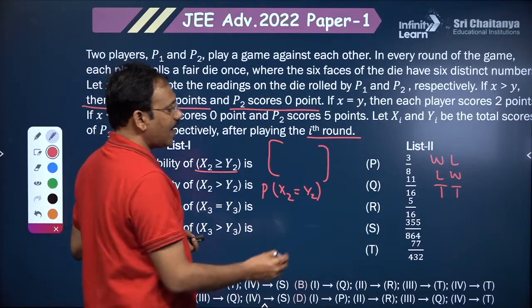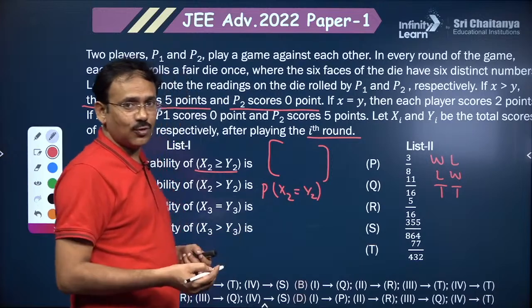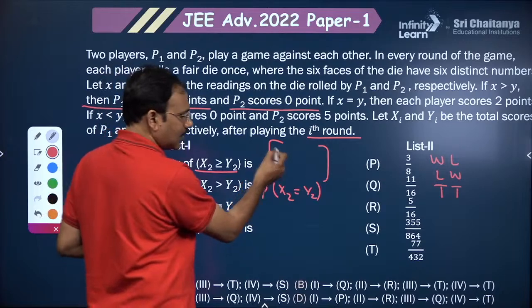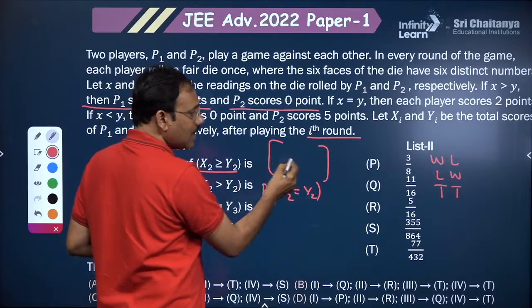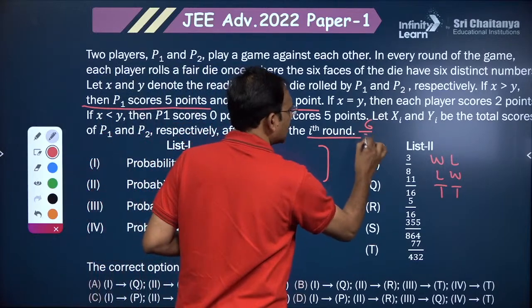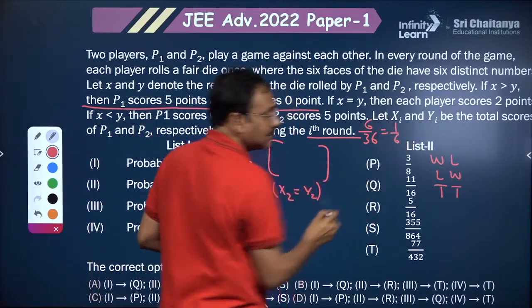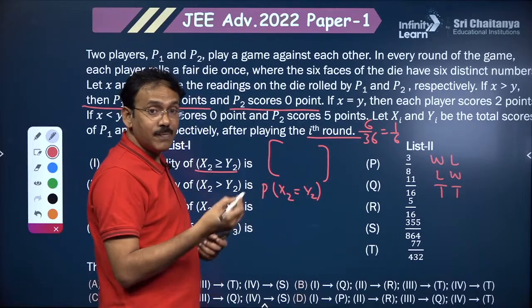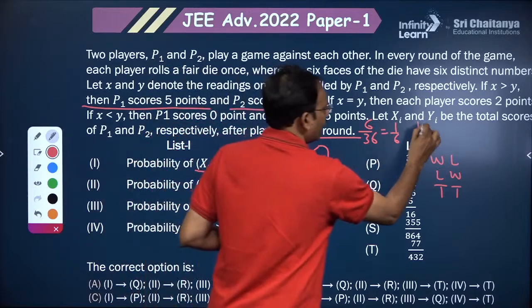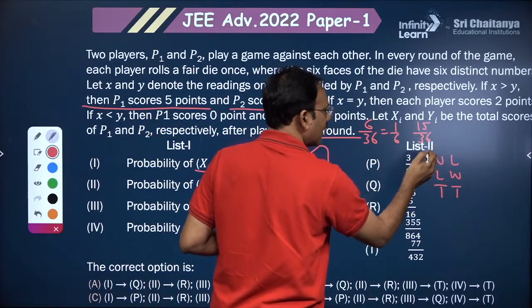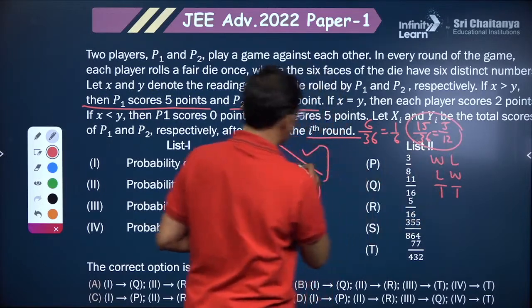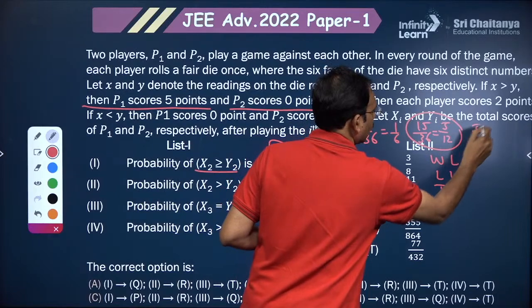So first A wins means when a die is thrown, generally friends, x greater than y, you know 36 cases will be in the table, equal scores, that means equal score 1 1, 2 2 kind of will be 6 out of 36, the probability is 1 by 6. X greater than y will be 15 cases, because after this 6 here 15, here 15, 15 by 36 for winning of A, and for losing also there will be 15 by 36, so 5 by 12.